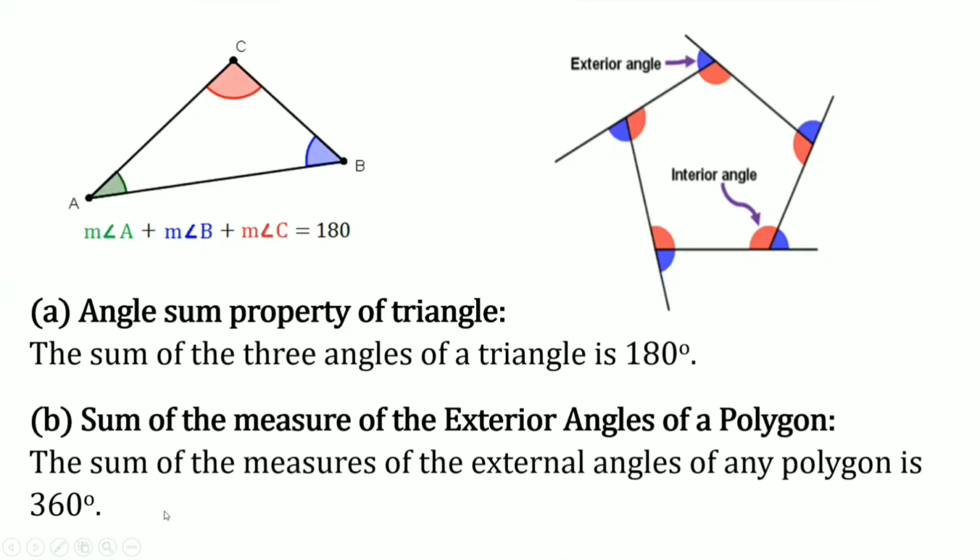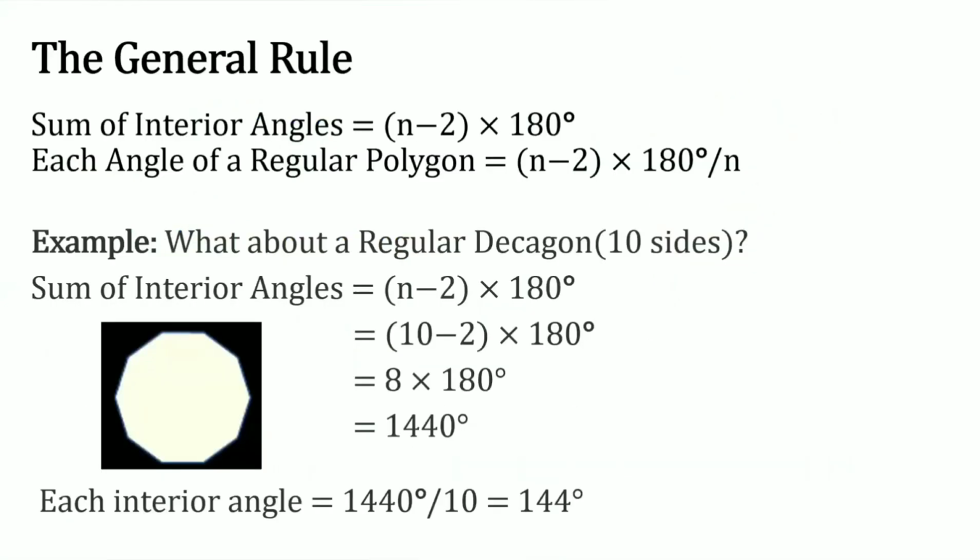Now next we are going to discuss the sum of the interior angles of any polygon. For that, the general rule is that the sum of the interior angles of any polygon is equal to (n minus 2) multiplied by 180 degrees.